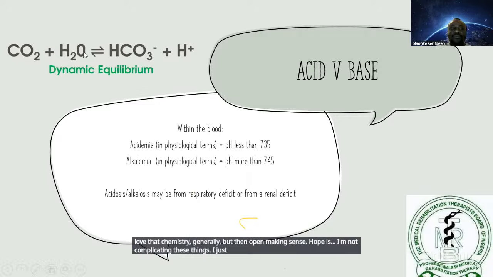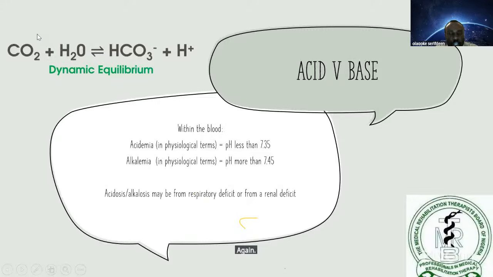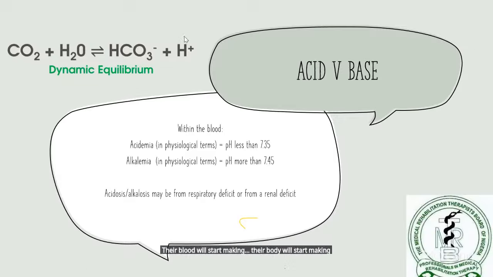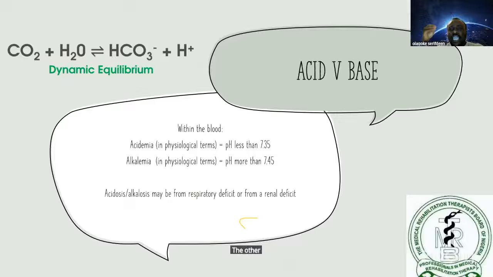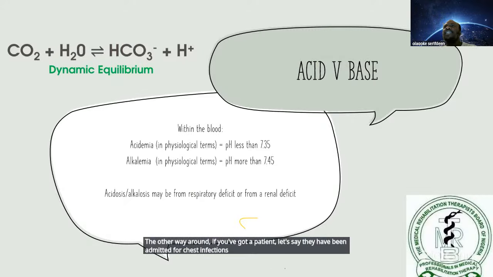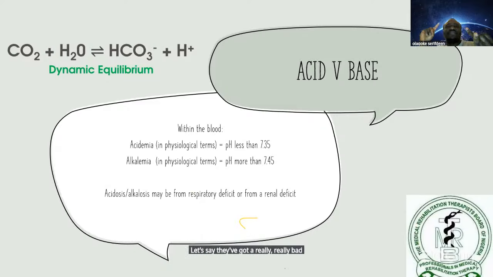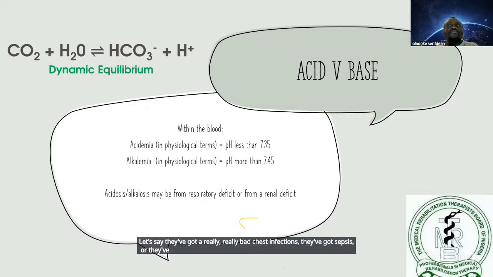Now, if somebody is retaining CO2 for any of the reasons that I've listed, their body will start making a lot of hydrogen. Now the other way around, if you've got a patient admitted for chest infections, a really bad chest infection, sepsis, or because of insulin deficiency their body is running anaerobic respiration, or they are going into diabetic ketoacidosis.